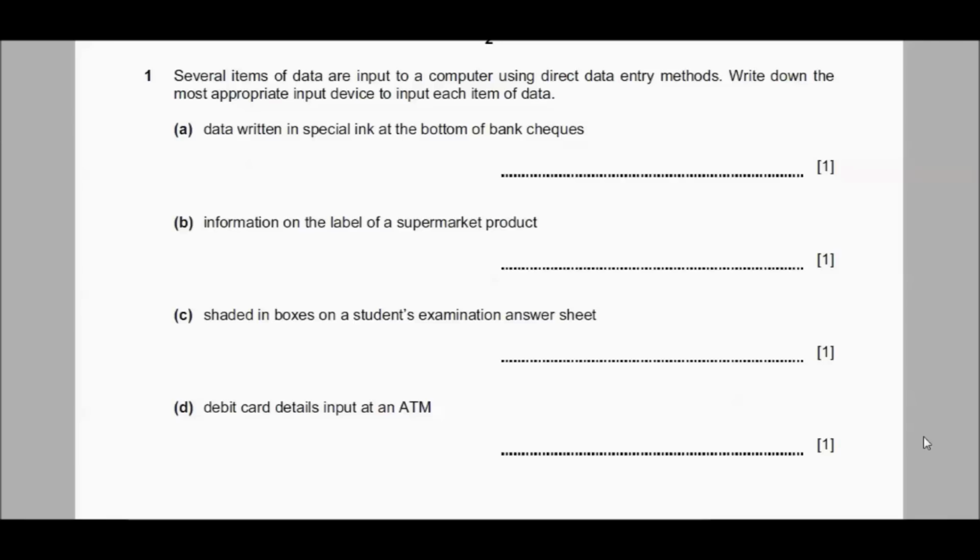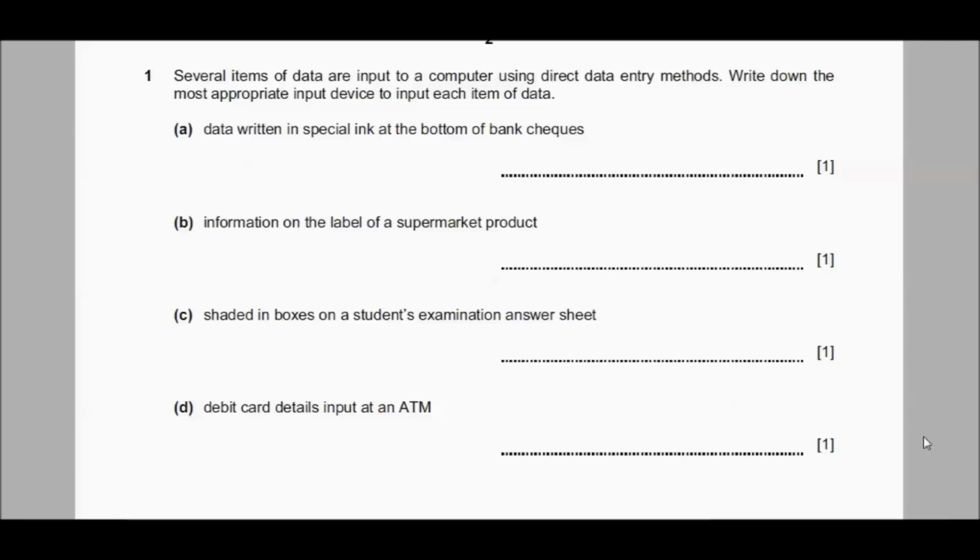So 1A, data written in special ink at the bottom of bank checks. So you probably need to have an idea of what's on the bottom of a bank check. Question B, information on the label of a supermarket product. Question C, shaded in boxes on a student's examination answer sheet. And D is debit card details input at an ATM.